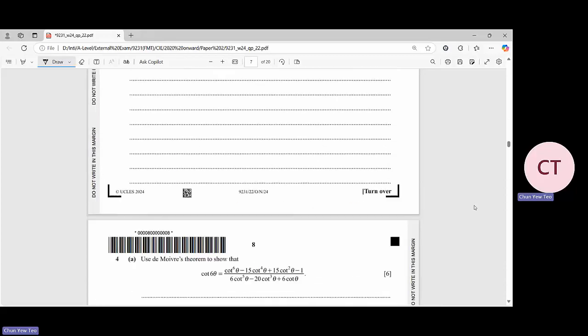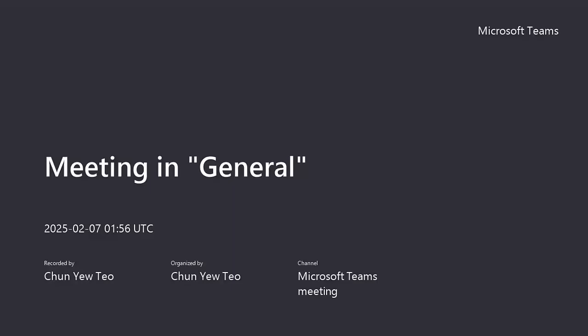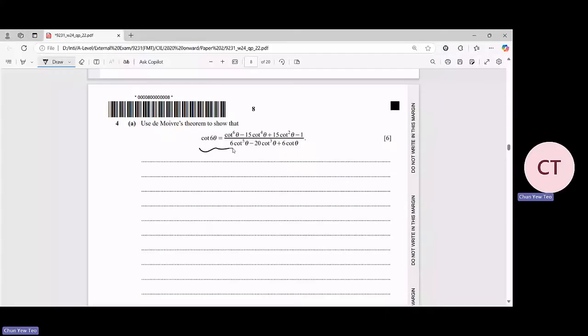So now we move on to question number 4. De Moivre theorem to show the relationships over here. So from here, you should know that we need to let cos theta plus i sin theta equal to c plus is.